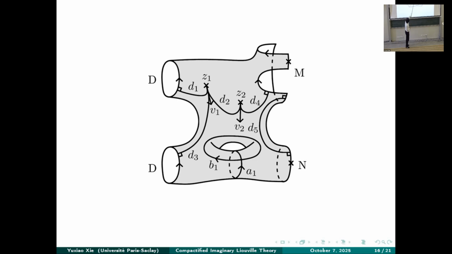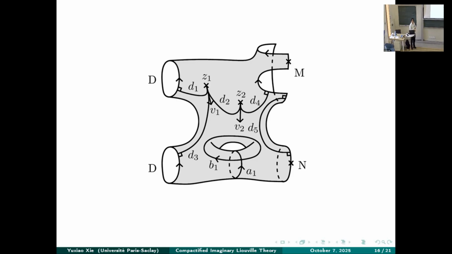And in the interior of your surface, you can put some insertion points together with some tangent vectors. And then to make sense of the curvature term here, you have to cut your surface to kill the topology of your surface. In the most general case, you can choose these A's and B's to cut your surface. So that's one illustration of the most general case we can do.